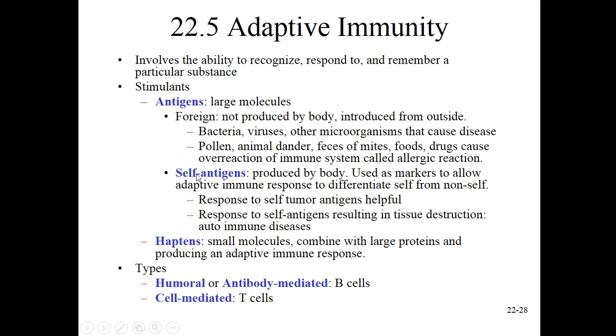And here's the deal. We have self-antigens on the surface of our blood cells and tissues, and these are used as markers to allow the adaptive immune response to differentiate self from non-self. If I have killer cells and cells with powerful chemical weapons, the last thing I want is for them to attack my healthy tissue.